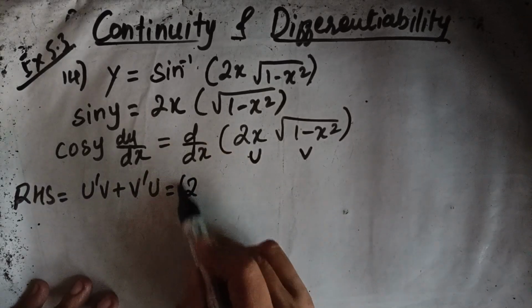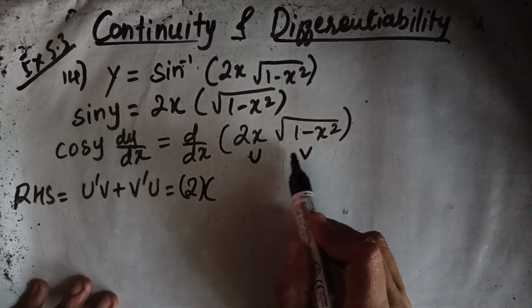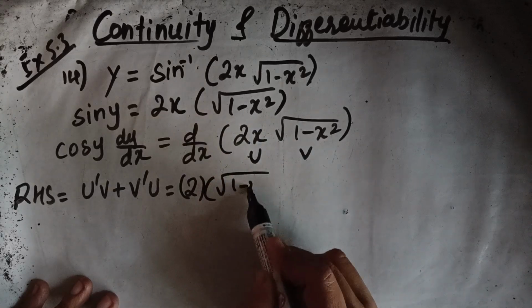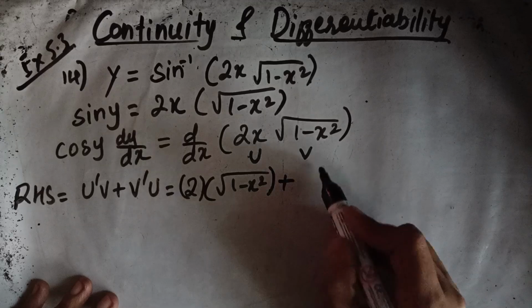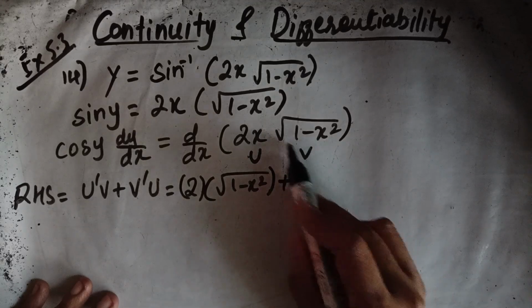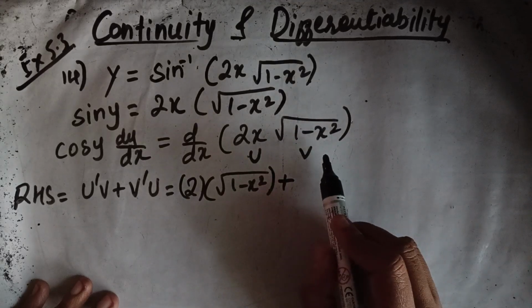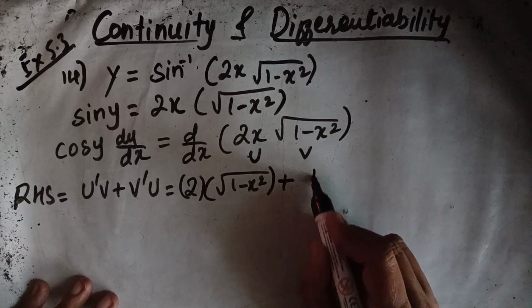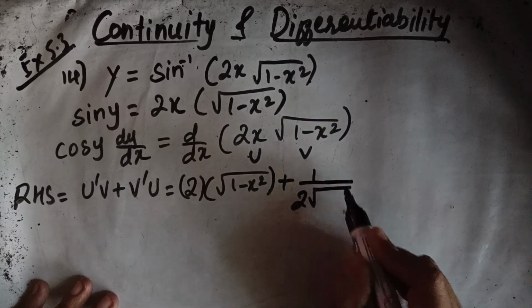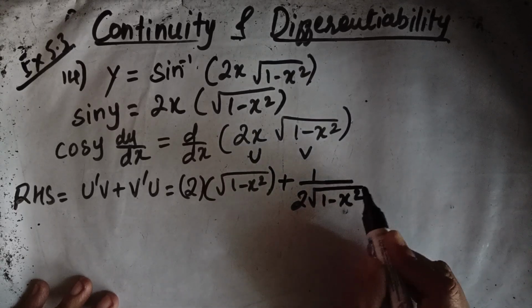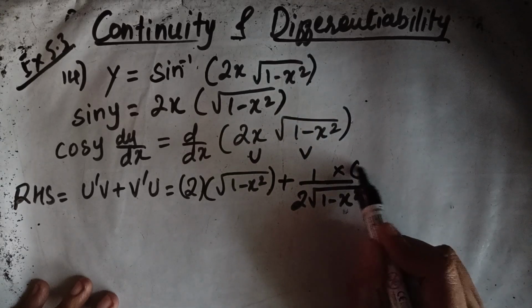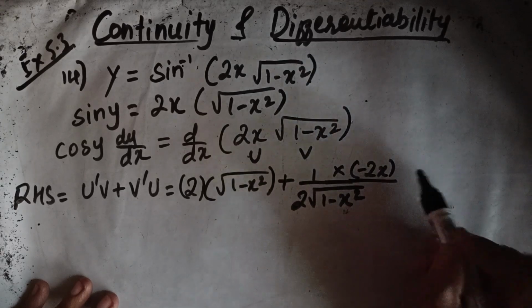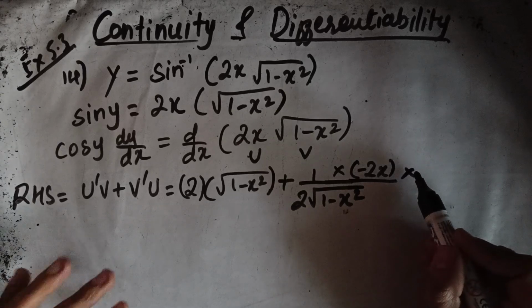So u dash is 2, v, plus v dash. So derivative of this function. So root is given by 1 upon 2 root of x, right? And then the derivative of this, minus x square, so minus 2x, okay, into u.